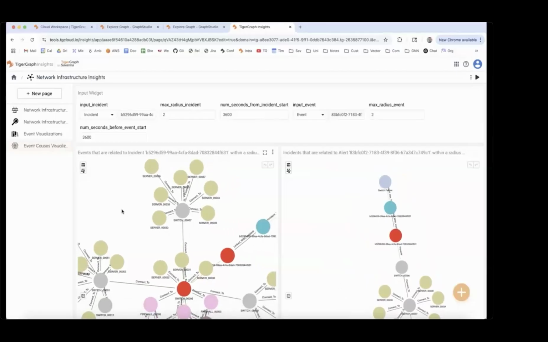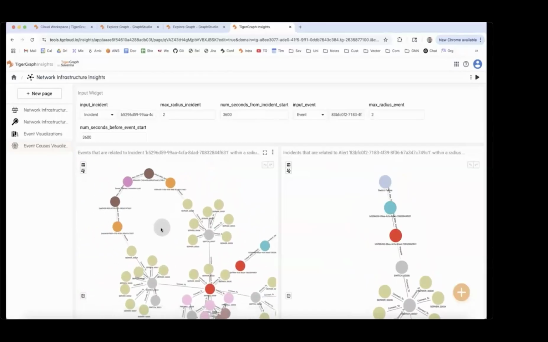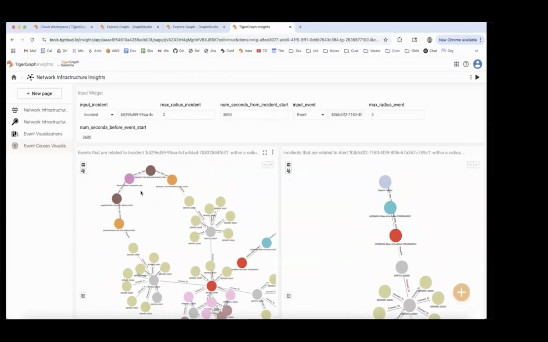And I have a similar view here on the right-hand side. I can see that, again, my internet connection loss alert affected server 36 and server 54.